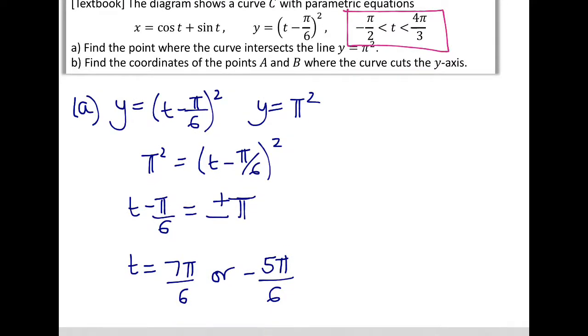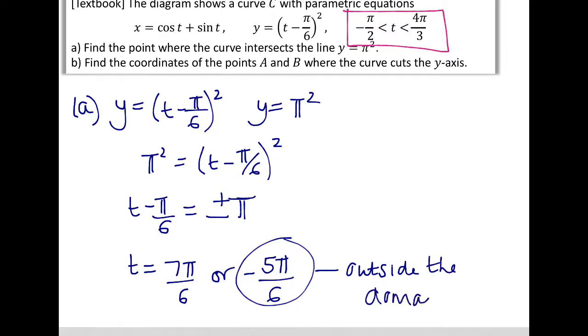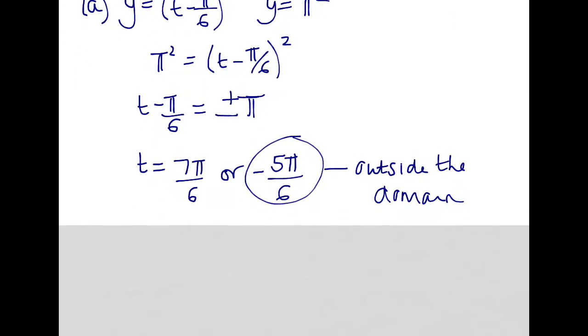So I'm going to say outside the domain. Because it's domain, remember, functions, they are the input values, is a way of thinking about them. So the final answer would just be t equals 7 pi over 6.